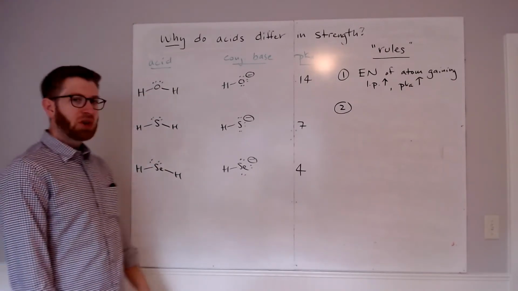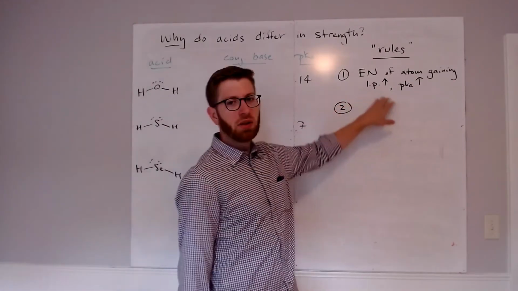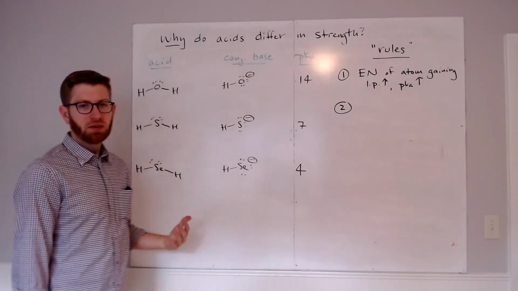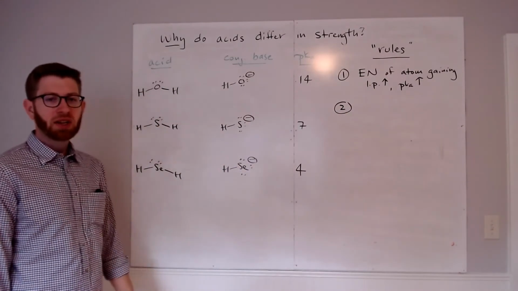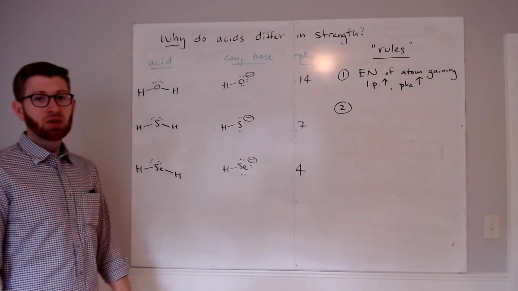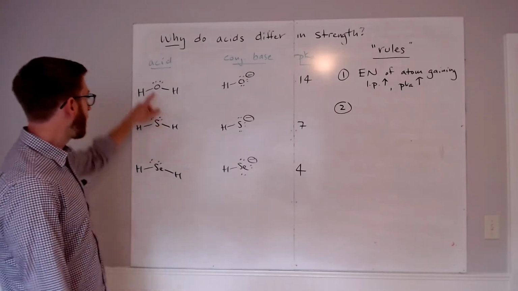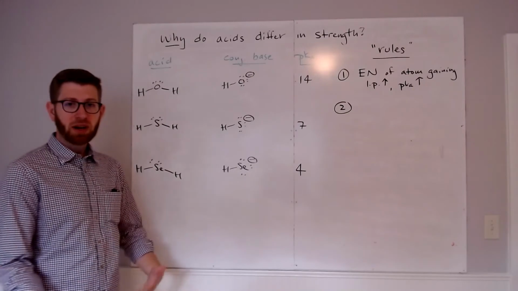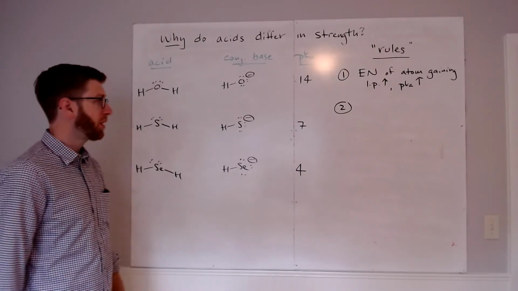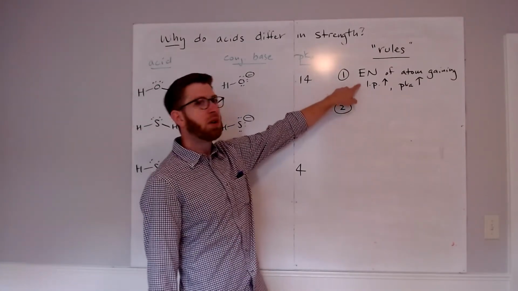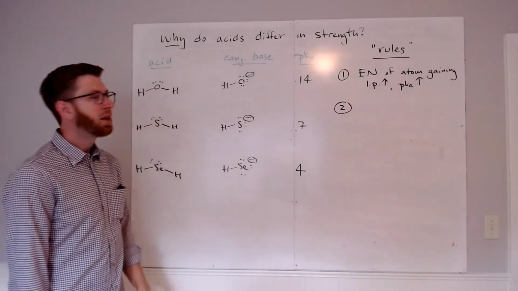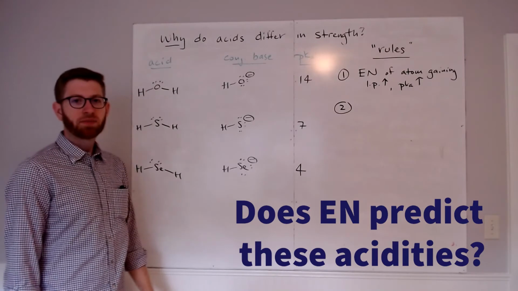What I'd like for you to do is apply the first rule that we've developed, what we just did, to this set of data. You might need to look up some electronegativities. I'd strongly encourage you to get a periodic table and see where oxygen, sulfur, and selenium are with respect to each other, if you don't already know. And decide: does this rule apply to this set of acids?